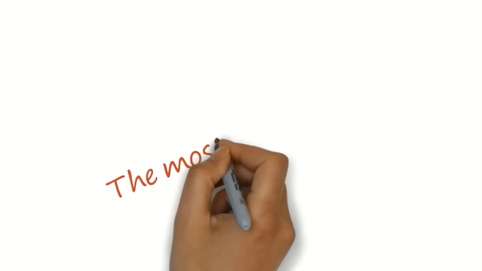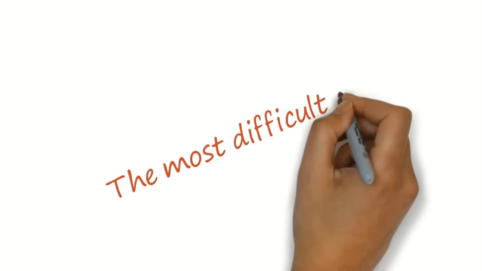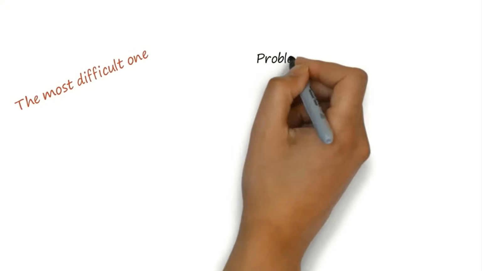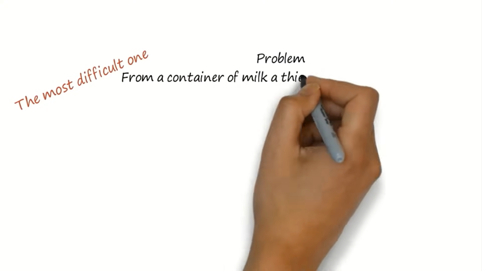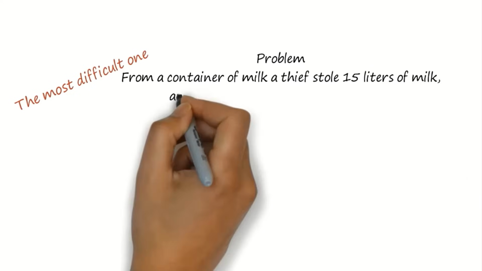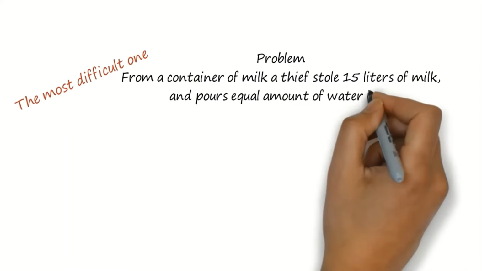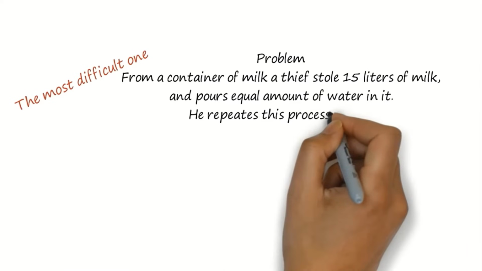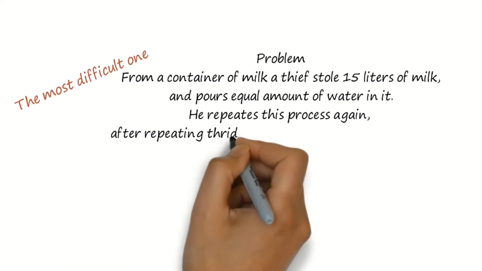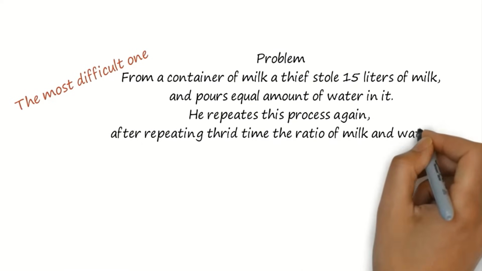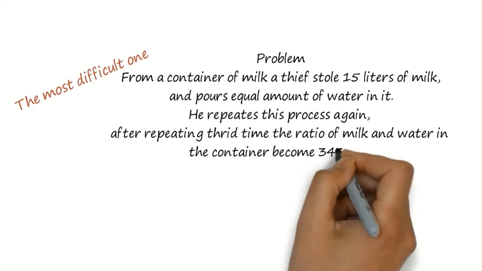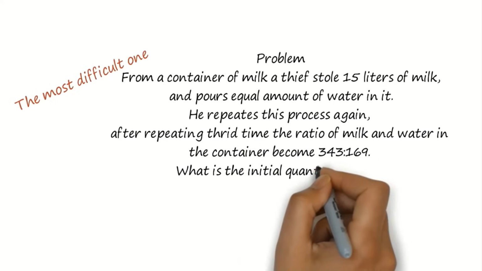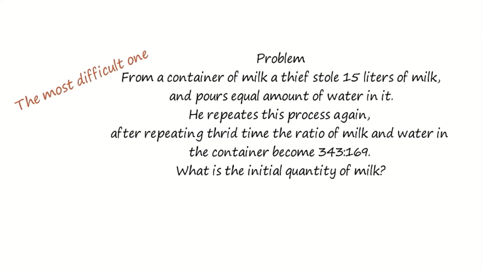So let's now consider the most difficult type of mixture alligation problem. The problem states that from a container of milk, 15 liters of milk is stolen and is replaced with an equal amount of water. And this is repeated thrice. And after repeating the third time, the ratio of the milk and water in the container is given as 343 is to 169.